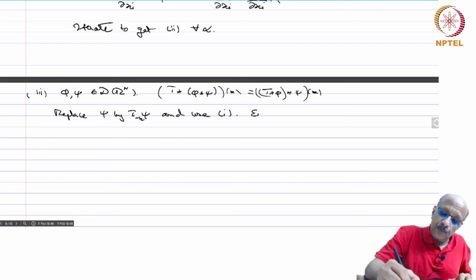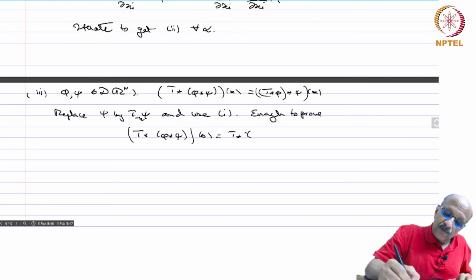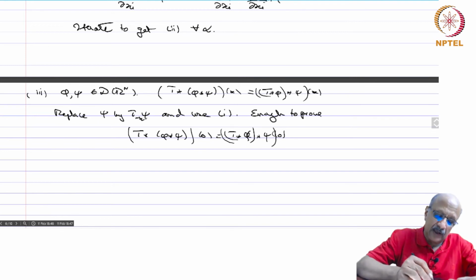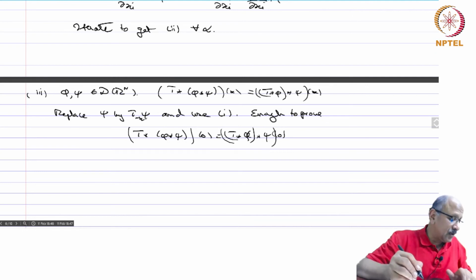So enough to prove T star phi star psi at 0 equals T star phi star psi at 0, because once you prove it at 0, the value at any x is just tau of minus x at the value at 0, and the tau minus x can be pushed anywhere. So, in particular, you can push it to psi and use the previous theorem. So it is enough to prove this.